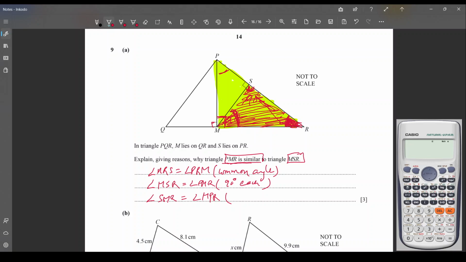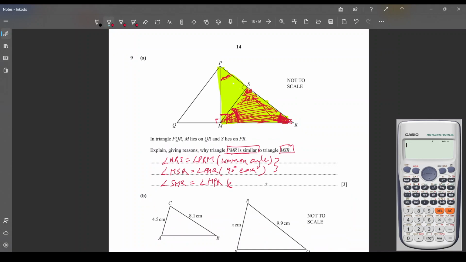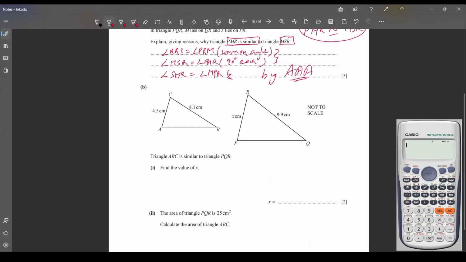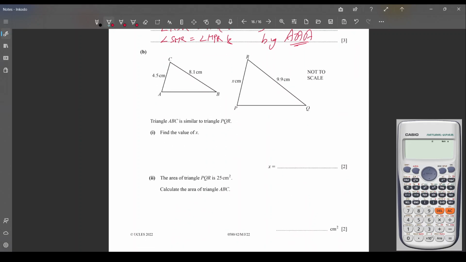So this angle and this angle are also equal, because these two are equal, so that will be also equal. So by the angle property, triangle PMR is similar to triangle MSR. Okay, so let's move on to the next part.